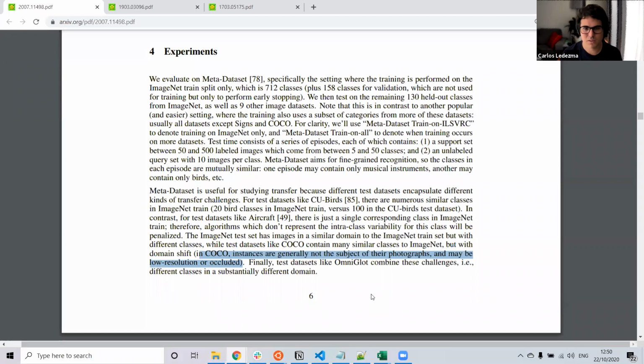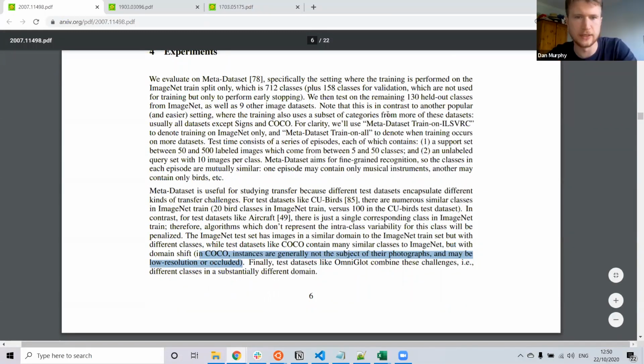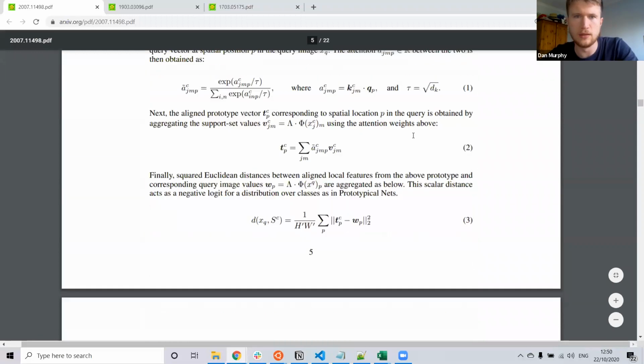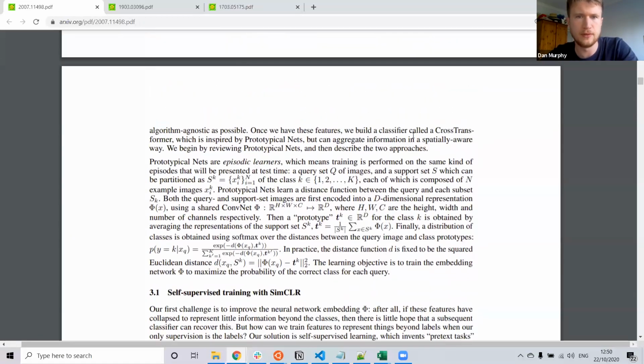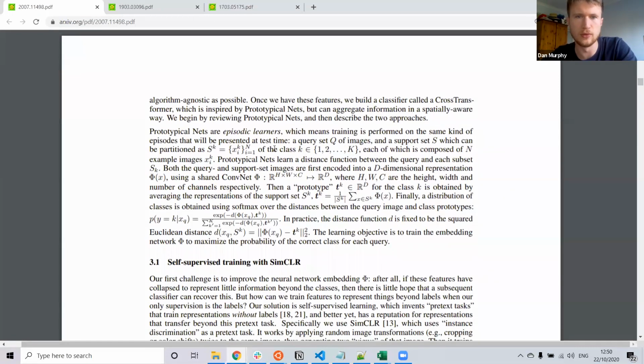So that's one type of domain shift. Cool, thanks, Carlos. Okay, so yeah, they go into a little bit more detail about prototypical nets and what it means to train something episodically, I suppose, or test it episodically here.